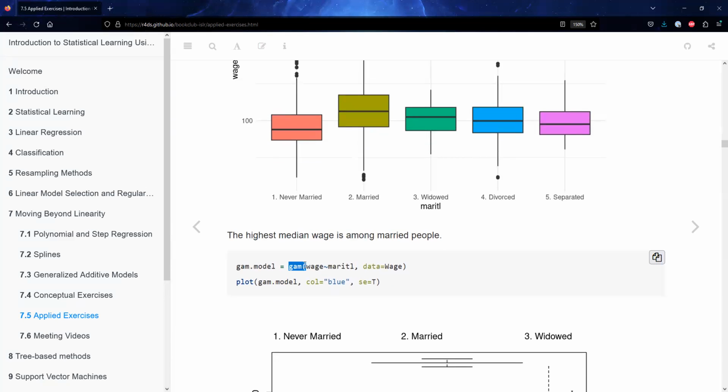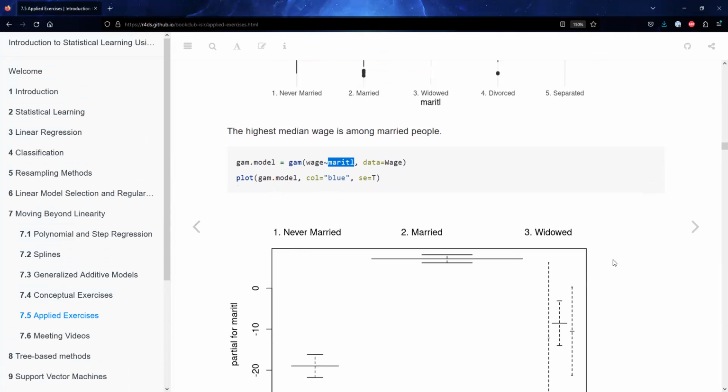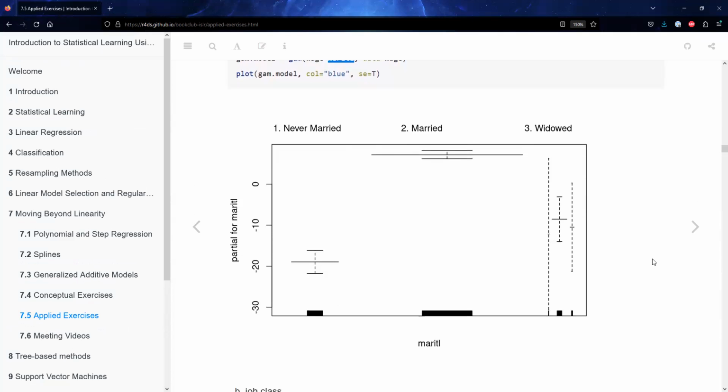If we run a generalized additive model, a GAM, on this model formula, remember marital status is a categorical variable. For the possible slopes for these categorical variables, we have these confidence interval bands. For never married, we have a fairly large confidence interval band.